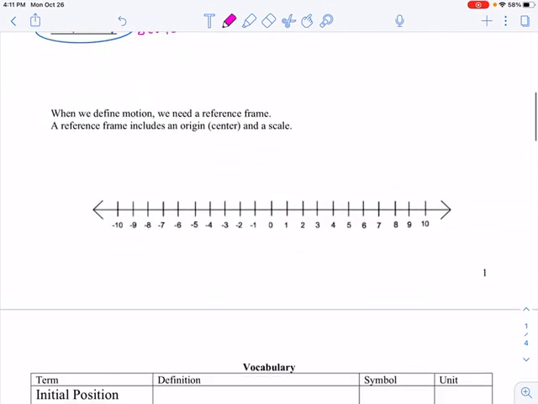When we define motion, we need a reference frame, and a reference frame includes an origin or a center and a scale. Now, very early in your mathematical career, you learned how to put things on a number line, and you learned that 0, sometimes called the origin, is going to be our center. Then when you draw a number line, you decide how far to space the lines.